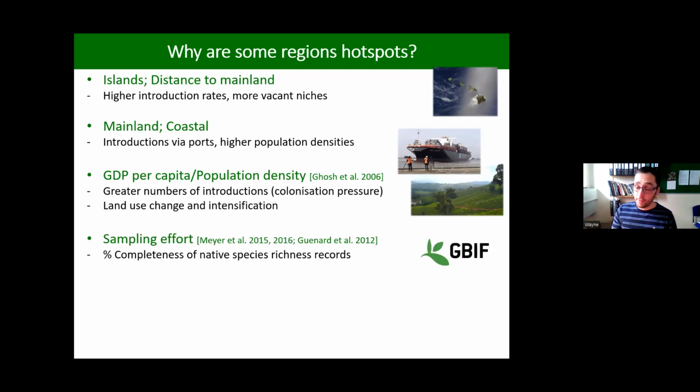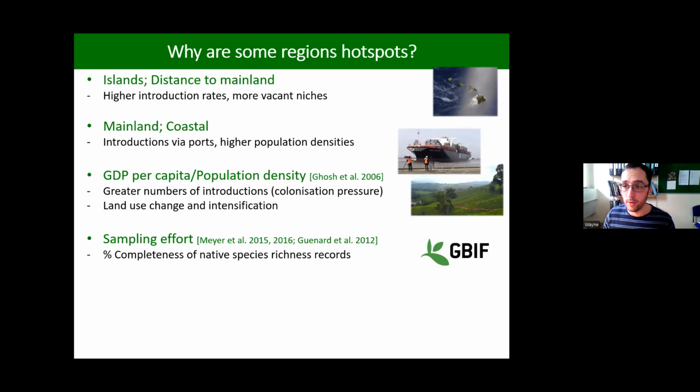Then there's sampling effort, which is a bit complicated. If you think about it, every country or every region in the world has a native species inventory. You know what the species are that occur within your own country. But our surveying of them out in the field, the number of occurrence records that we have, may be very patchy. We may not have a complete record in terms of sampling effort.